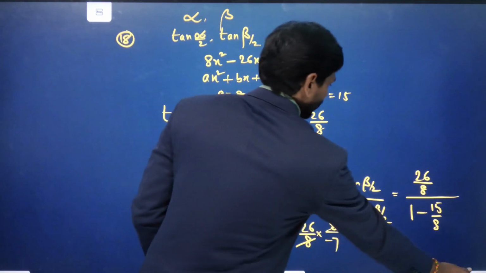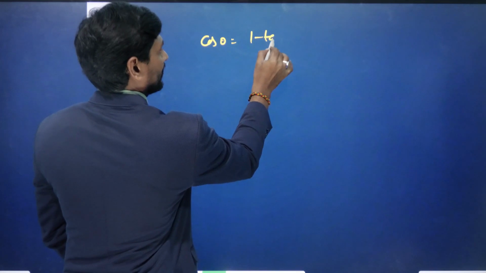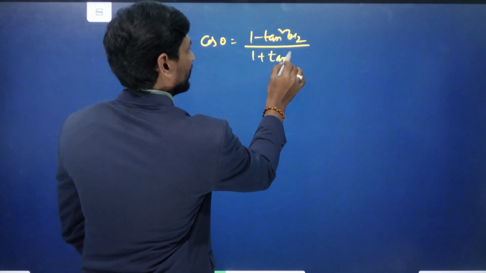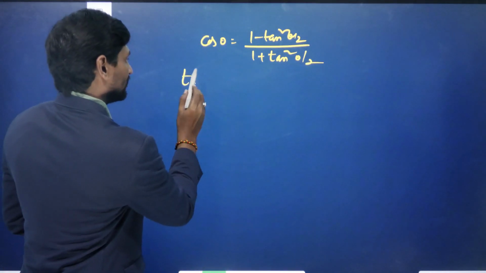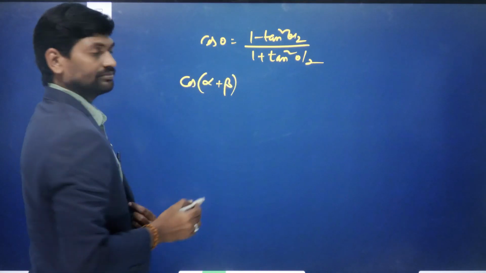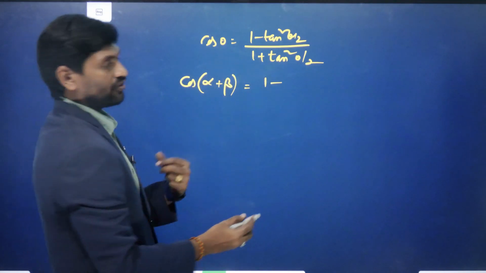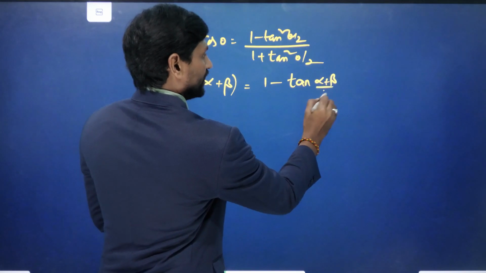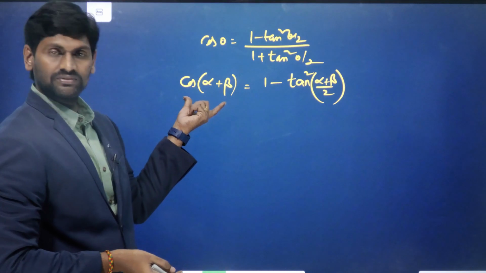Now I am applying the formula. Cos theta is equal to 1 minus tan square theta by 2 by 1 plus tan square theta by 2. Here we should find the value of cos (alpha plus beta). Cos (alpha plus beta), using the same formula, how can we write: 1 minus tan square (alpha plus beta) by 2, correct?